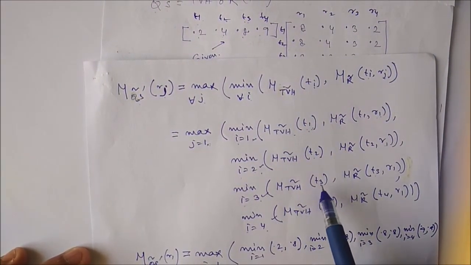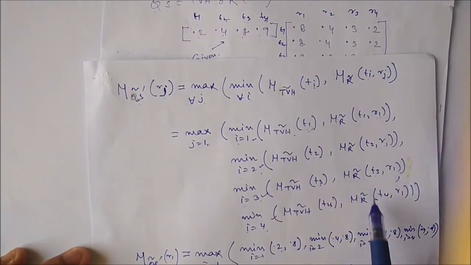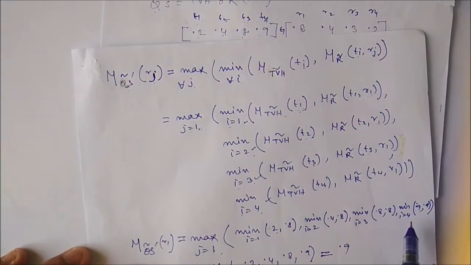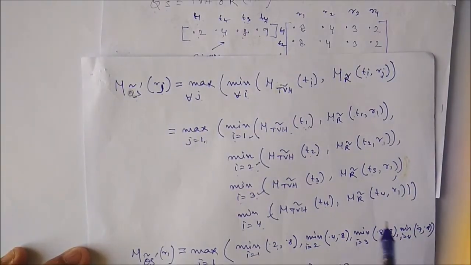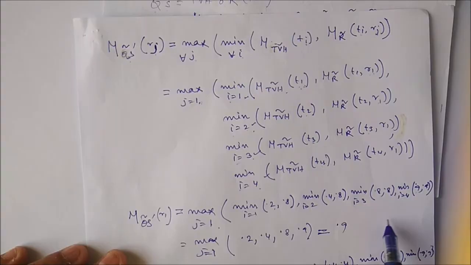Similarly, T3 is 0.8, and T3 R1 is 0.8. Next, T4 is 0.9, and T4 R1 is 0.9.